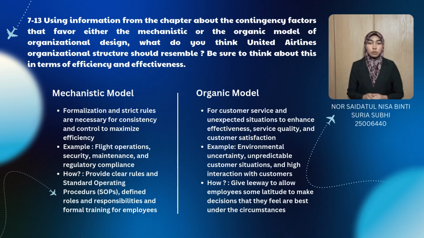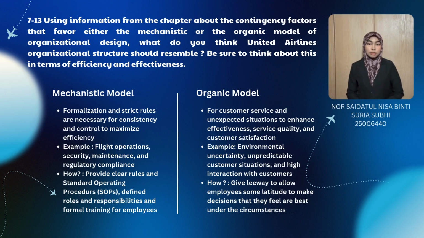So a mechanistic model with clear rules, formal procedures, centralized decision-making, and a well-defined hierarchy helps ensure consistency, reduce errors, and maintain safety standards. This is essential for operational reliability and cost control, which are key efficiency goals for United Airlines.